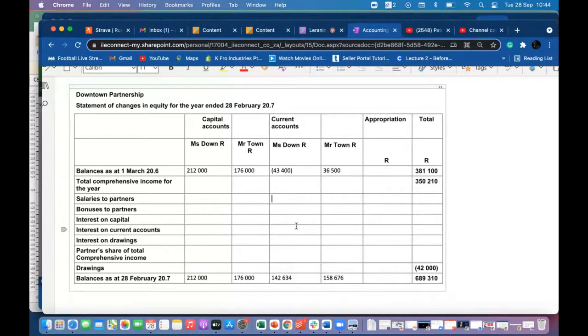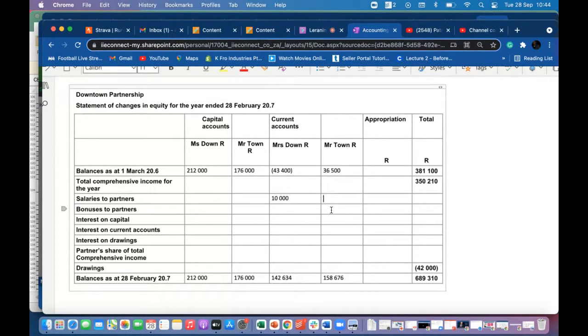So it was 10,000 to Mrs. Down, sorry, and 25,000 to Mr. Town. So here you just put 10,000 because that's increasing the current account. Can you see that? So it remains a positive.